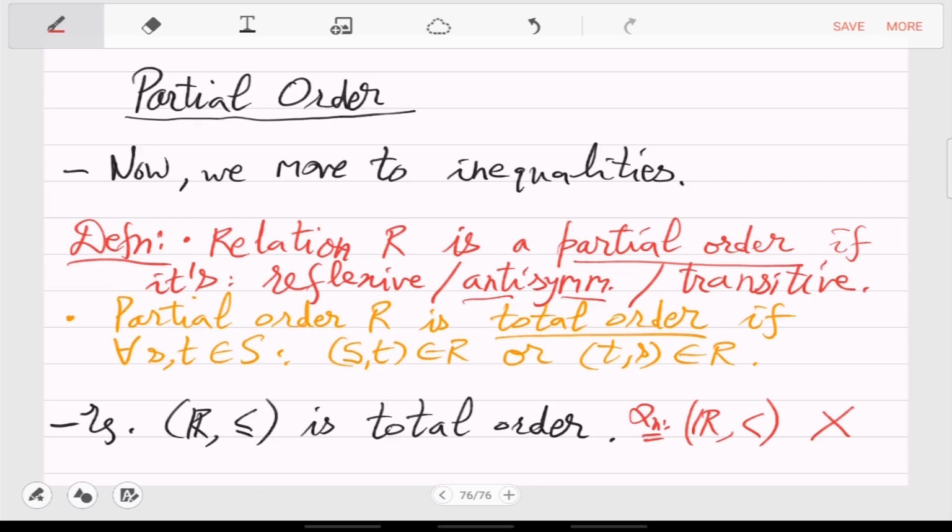So we are actually abstracting out less than equal to and not less than. What about R with greater than equal to? Yeah, that's also correct. So less than equal to or greater than equal to, both are total orders.